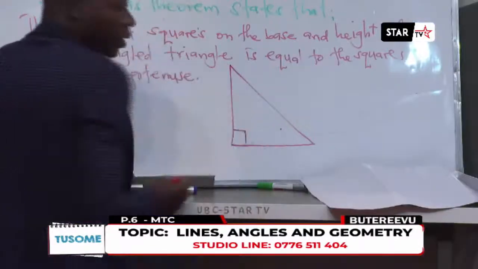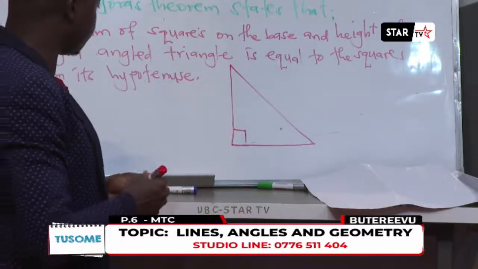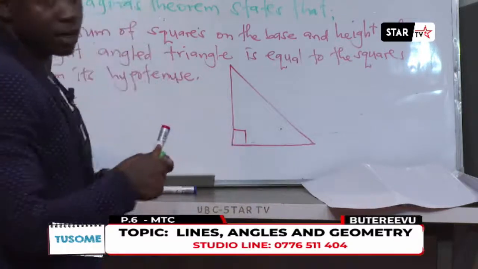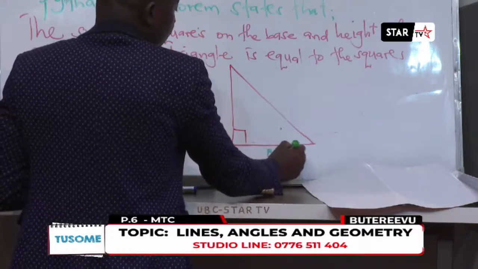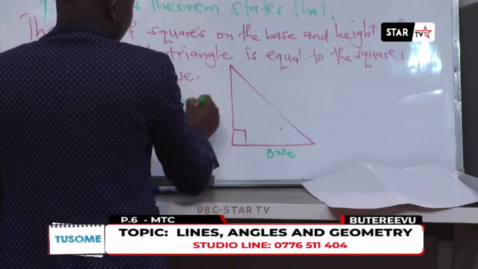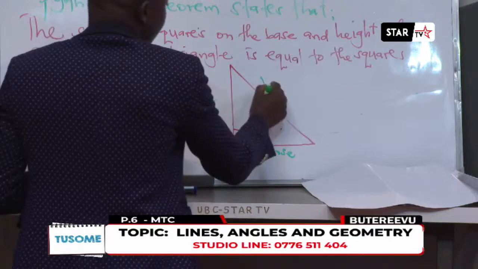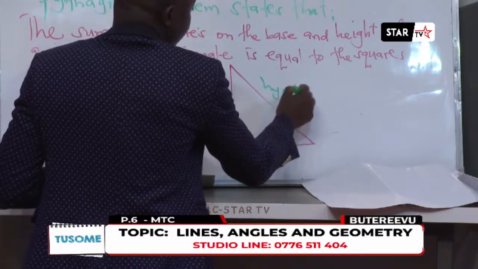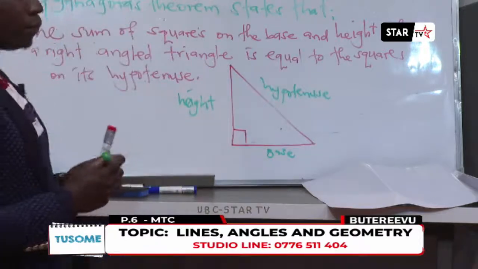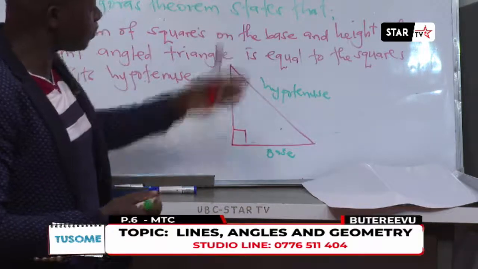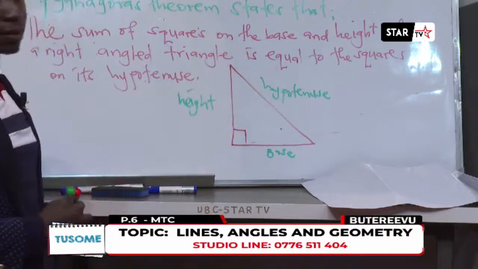This is our right-angled triangle. And that right-angled triangle, we said we have the base, the height, and the hypotenuse. Those are the sides, but they have been given different letters.